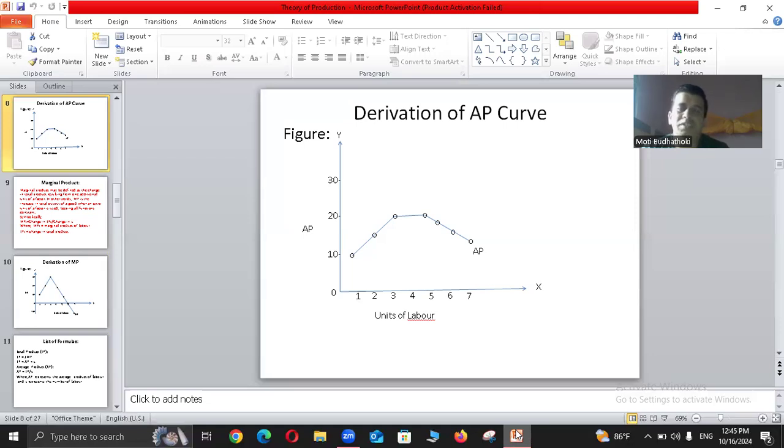So this curve shows an increasing level of product in the beginning, then a constant level of average product, and after using all the raw materials and inputs, decreasing returns occur and it declines.